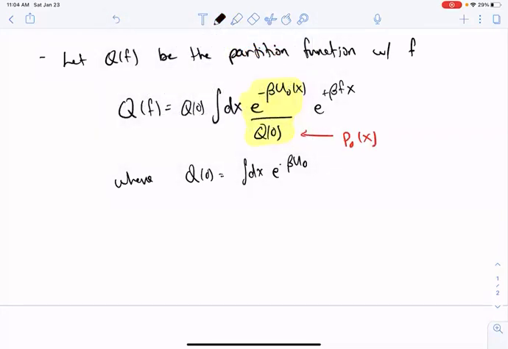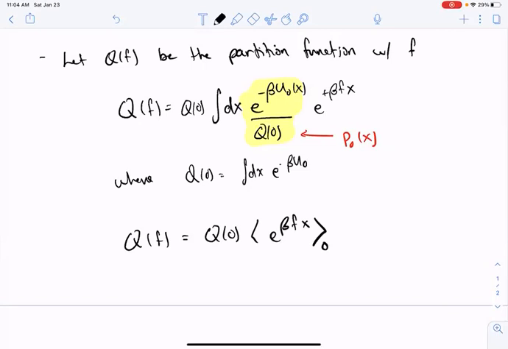Integrating over all positions, the exponential of beta f x times the probability of x gives us an expectation value. In this case, as before, we've found that the partition function in the presence of the force is equal to that in its absence times an expectation value, e to the beta f x, evaluated in the absence.